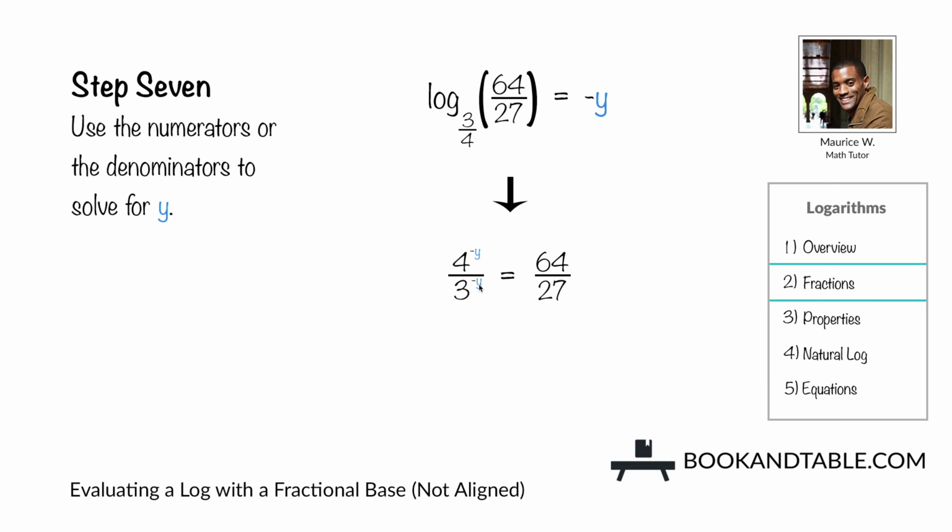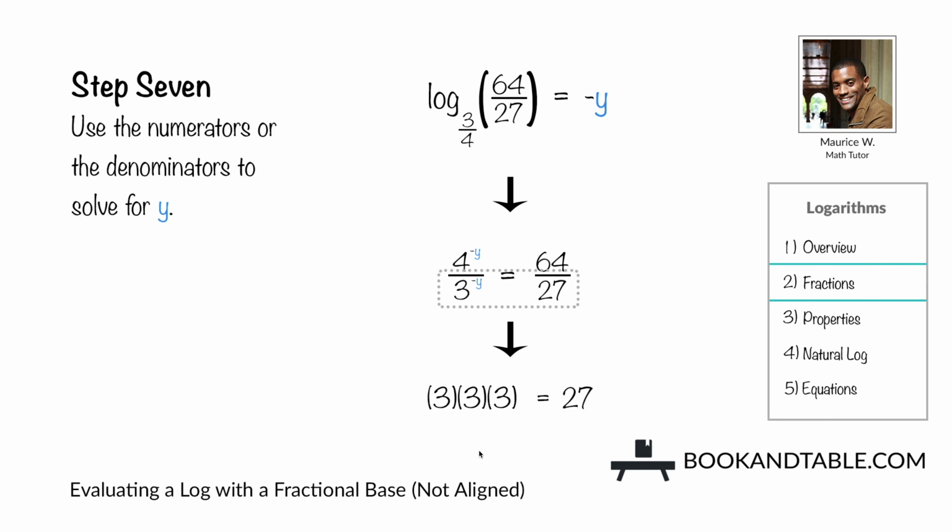So if we use the numerators, we have 4 to a power of y is equal to 64. We can ignore the negative for this step. We're trying to figure out how many times we multiply 4 times itself to get to 64. And 4 times 4 would be 16. And 16 times 4 would be 64. So we multiply the base times itself 3 times, which means y is 3.